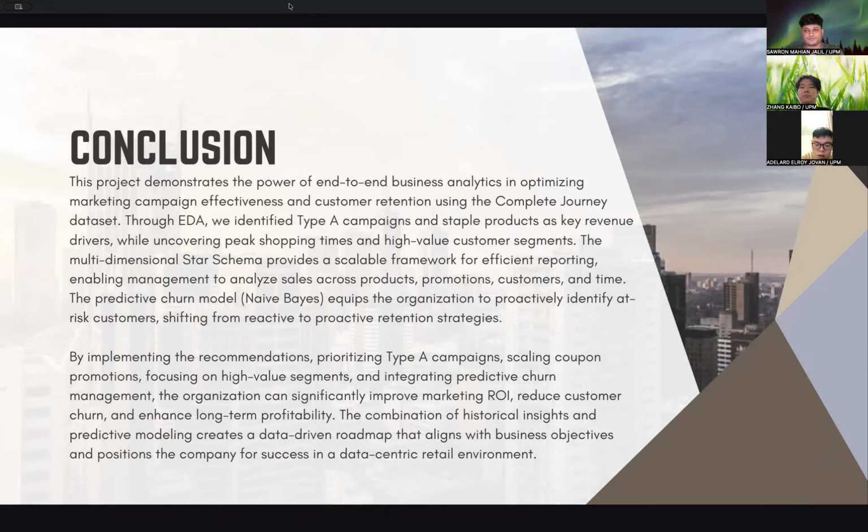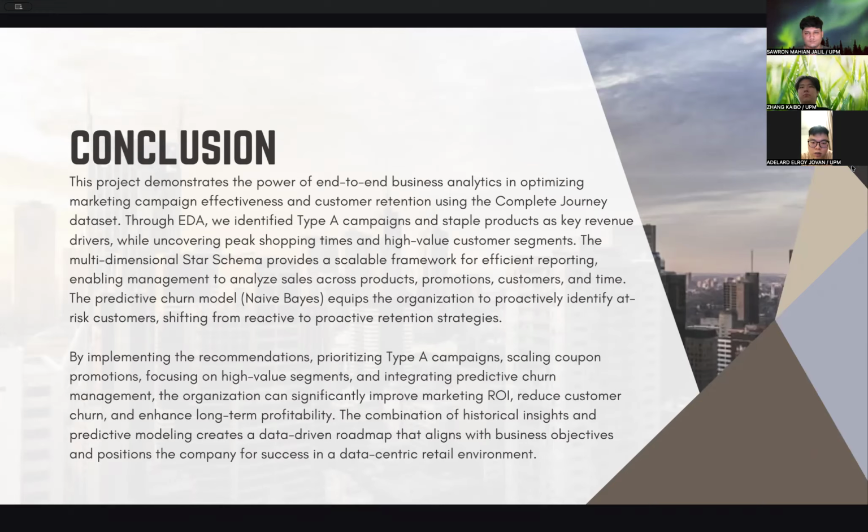For a conclusion, basically this project demonstrates campaign effectiveness and customer retention using the Complete Journey dataset. Using EDA, we identified that type A campaigns and staple products are the key drivers, and the star schema provides a scalable framework to report, manage and analyze sales across numerous stores.